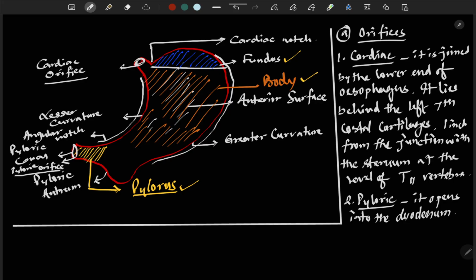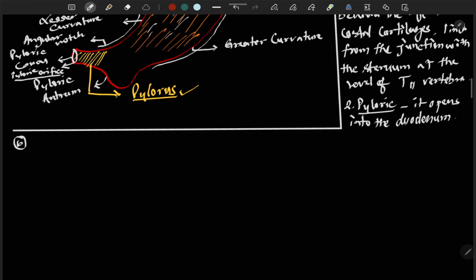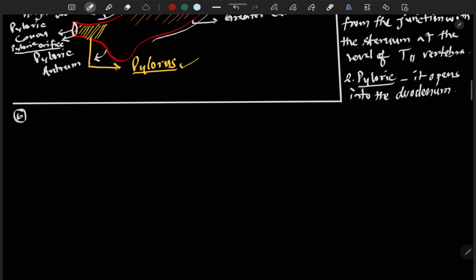Okay. Next, number C is the curvatures or borders. First one is the lesser curvature.